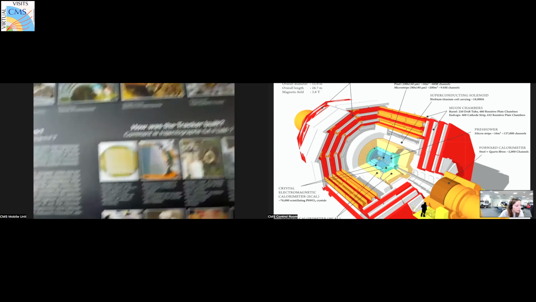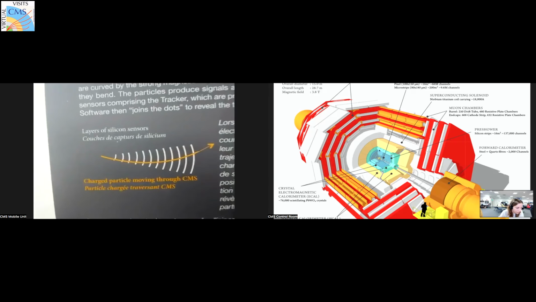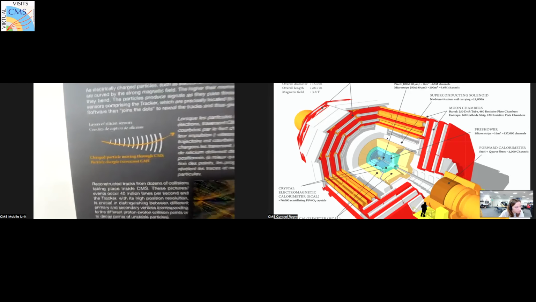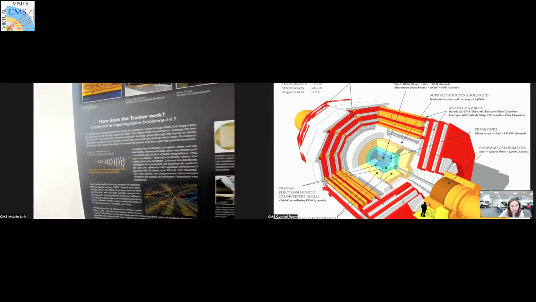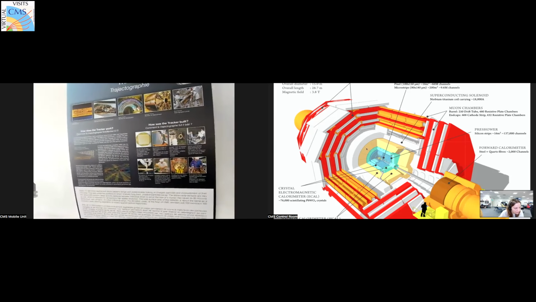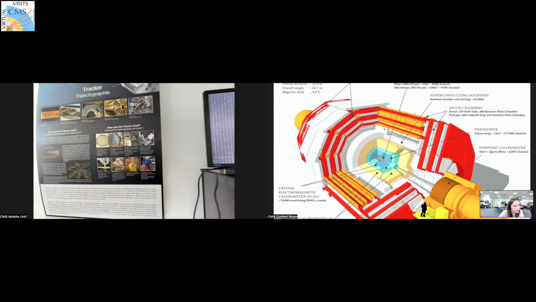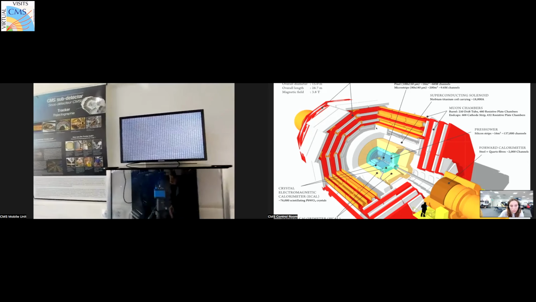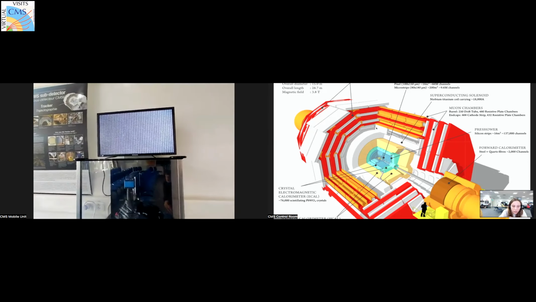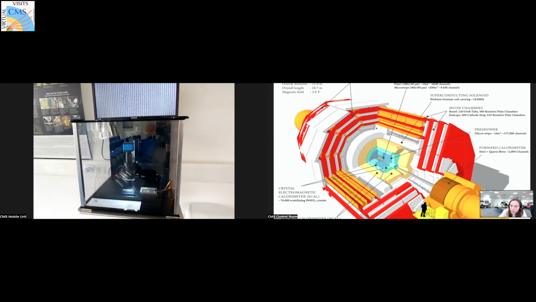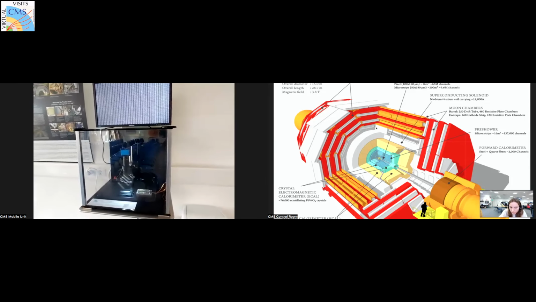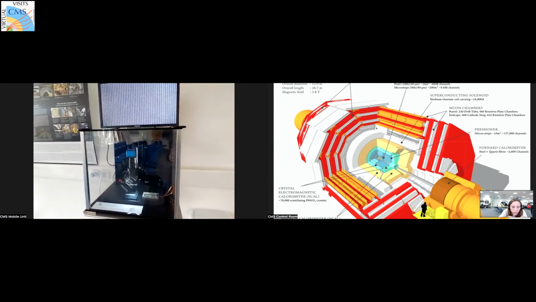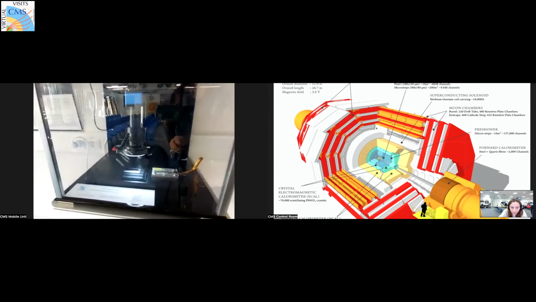After that, we have two calorimeters, the light blue and yellow parts, which measure the energy. Then we have a magnet, which is useful for bending the particles. And on the outside, we have muon detection, because muons are the only particles that can escape all the material before them.